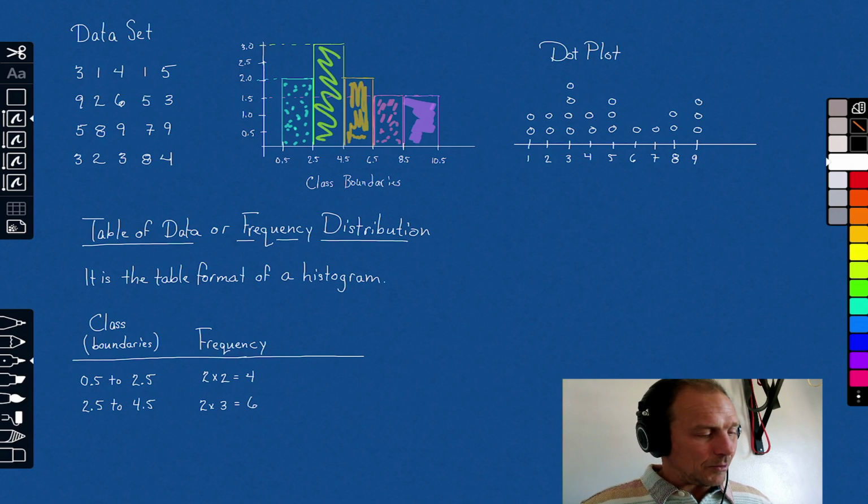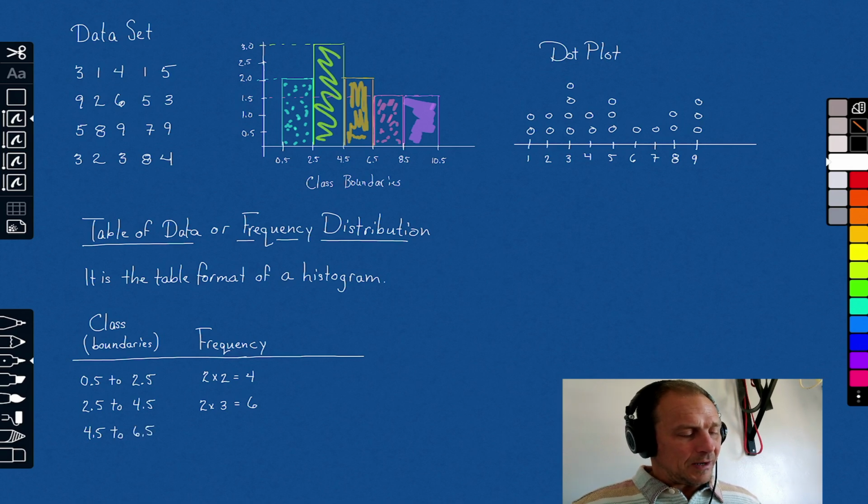Our next one is 4.5 to 6.5. It has a width of 2 and a height of 2, so it has a frequency of 4. The next one is 6.5 to 8.5.